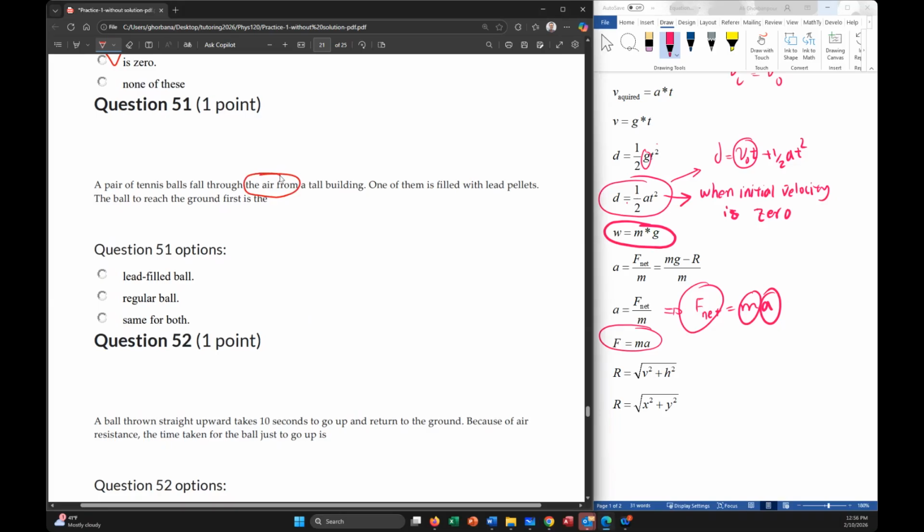Do we have air drag force? Yes. Okay, it doesn't say anything. I'm just trying to make you a little confused here.